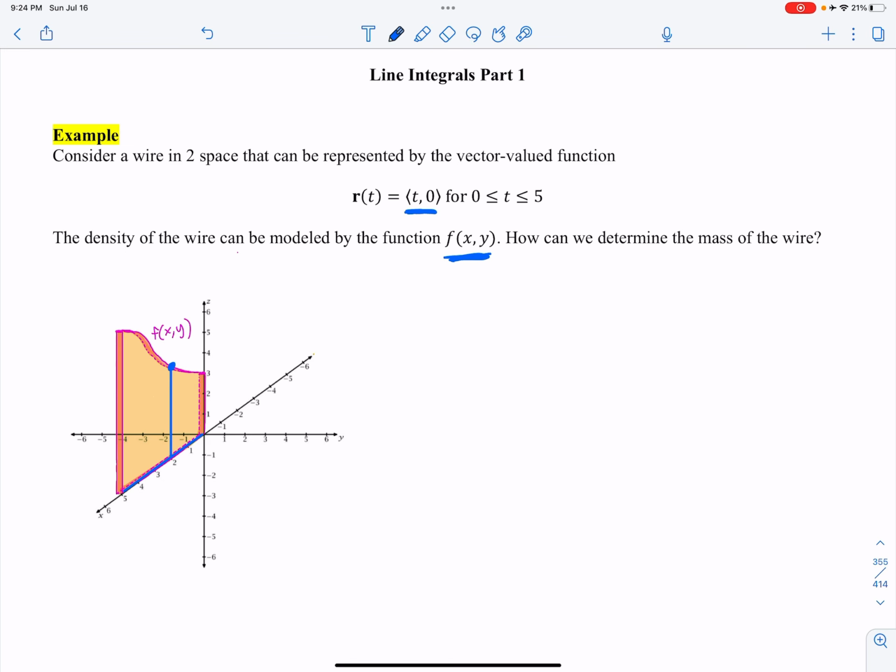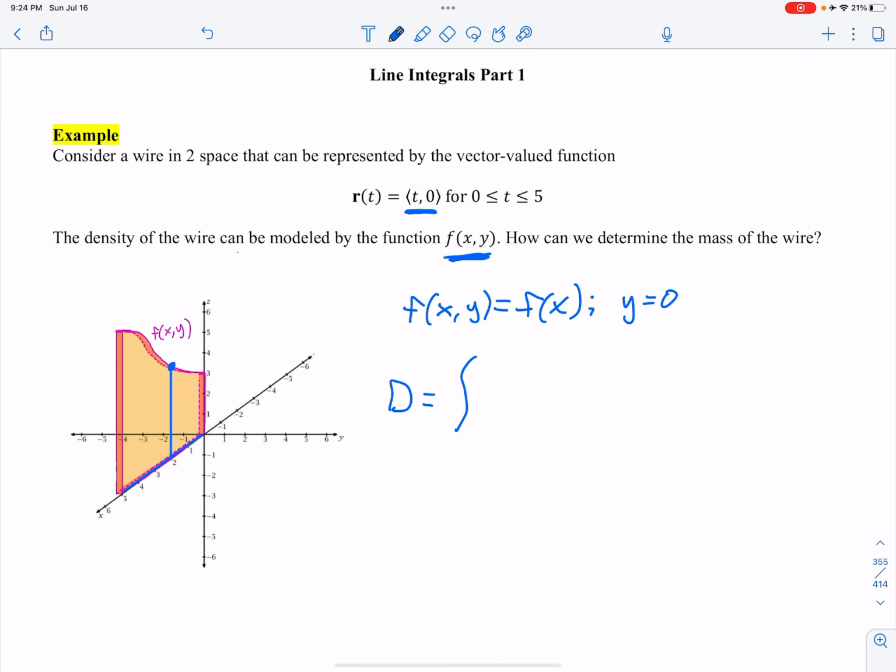It's just a sheet of paper, a slice. We have density there in each one, and my function is going to be when y is 0, so I'm just going to call it f of x, and put a note, y equals 0.